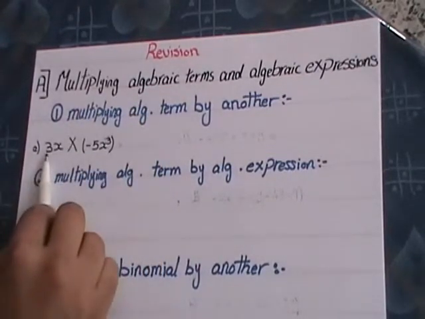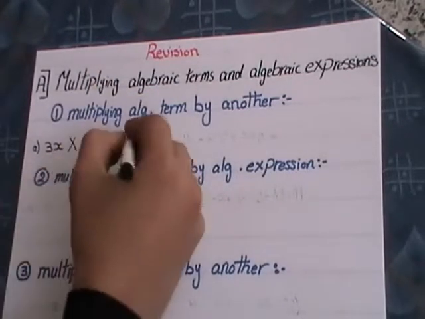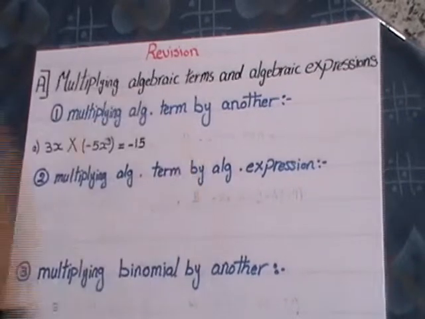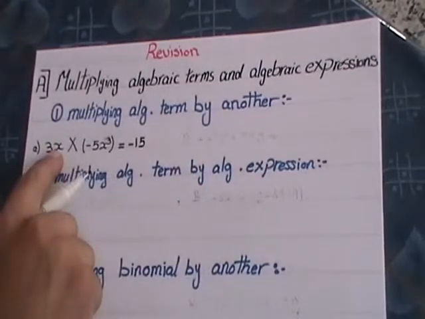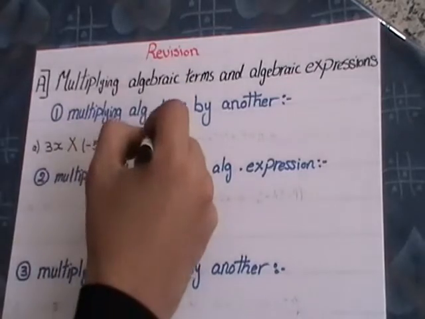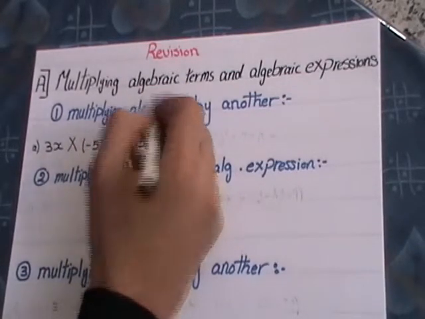Here the coefficient is 3 and here the coefficient is negative 5, so 3 times negative 5 equals negative 15, and then here we have x and here we have x power 3. When we multiply, we add the powers, so it will be equal x power 4.